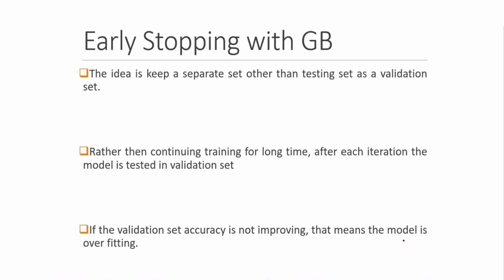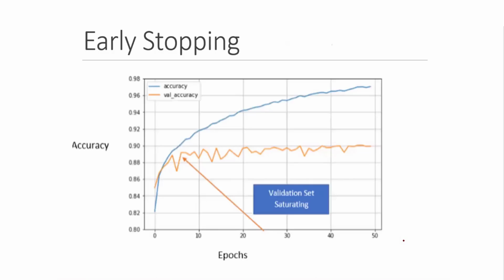If you see a graph like this, iteration to iteration, or different values while you are changing, you will see that for a particular value of the parameters, the training set accuracy is increasing, but the validation set accuracy is going down, or it is not increasing. So you know that you don't need to increase the parameter value anymore, you can stop there.